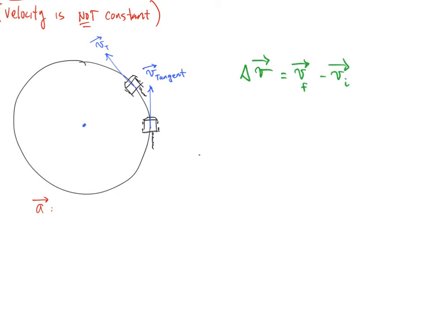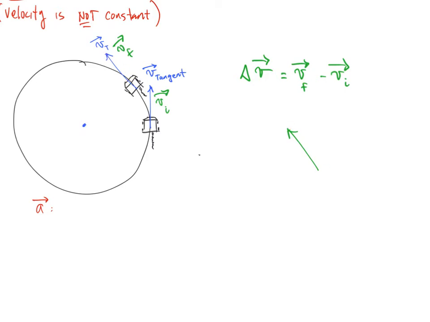So maybe I can abstract out here the final and the initial. I'll say that this is V final here, and this one here is V initial. So I'm going to write V final, which was something like this. I'm just trying to imagine transposing this vector here.